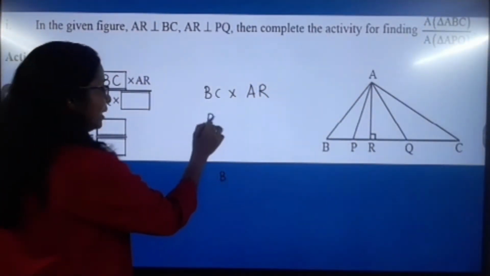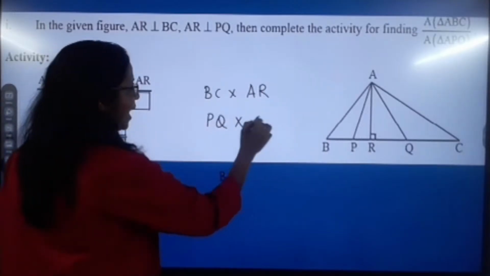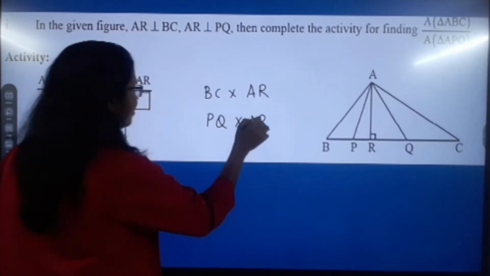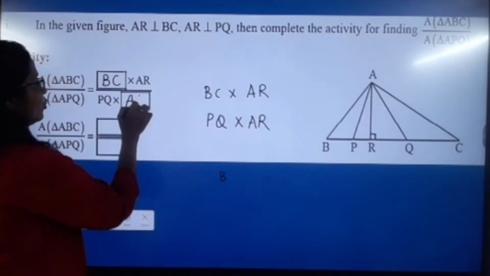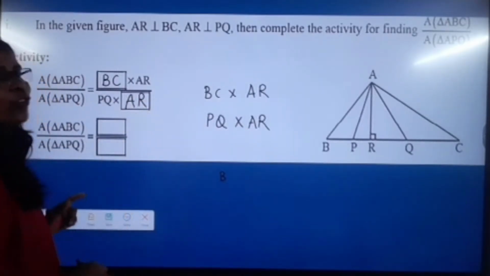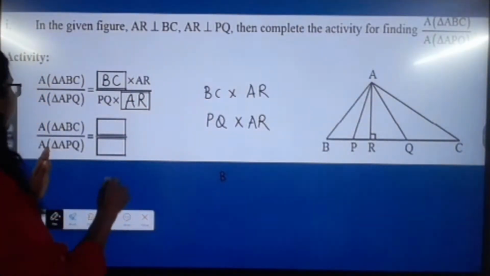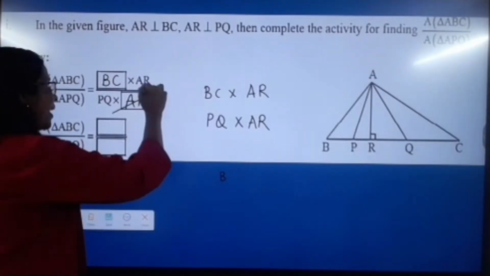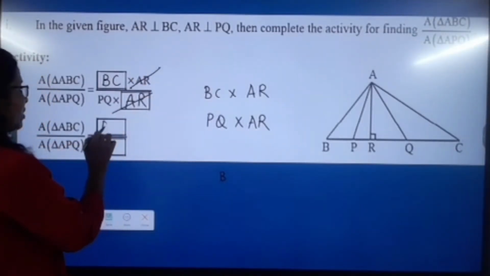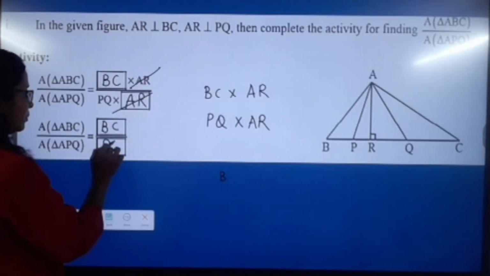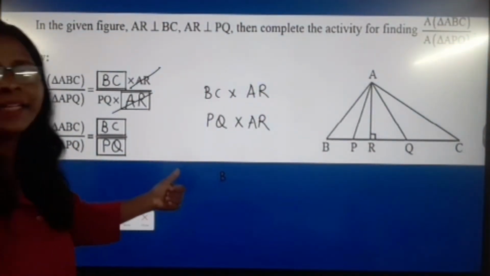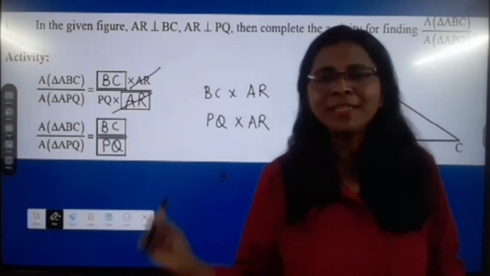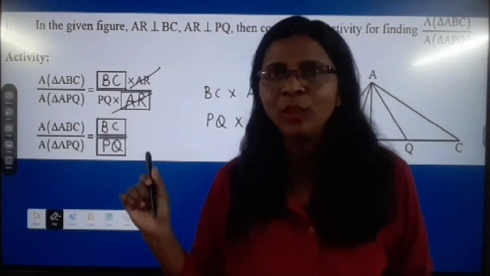So here base is PQ and height is AR. PQ is given, AR is not written here, so I write AR. Now for the next step, AR gets cancelled and we get BC upon PQ. Okay, students, so this is our final answer.